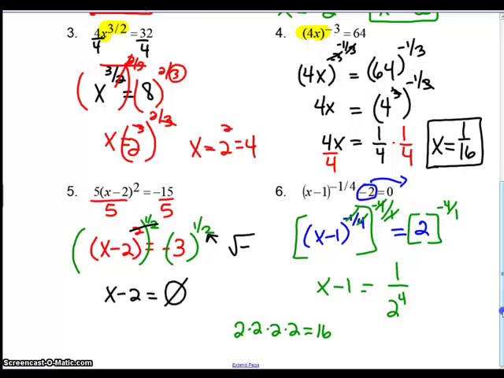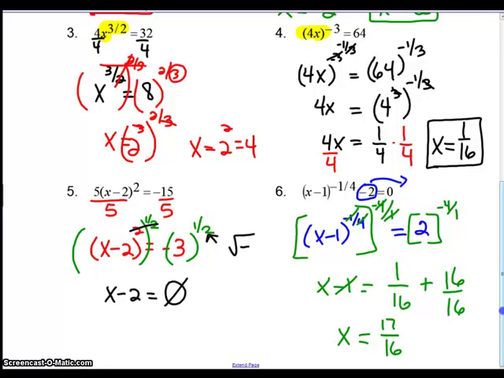So that's 1 over 16. And to get x by itself, we're going to add 1. Instead of 1, we're going to use 16 over 16. So that gives us 17 over 16 equal to x.